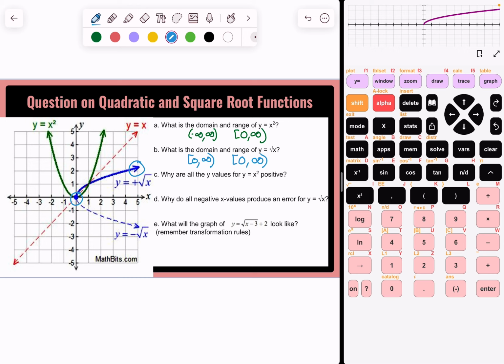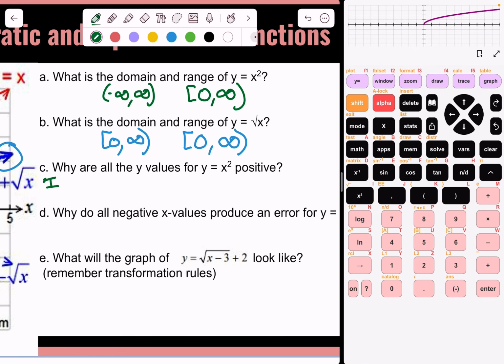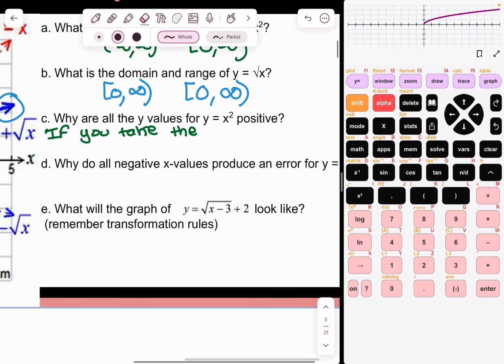Now, question C says, why are all the y values for x squared positive? And the reason why is because if you take the square of a positive or negative number, the answer is positive.